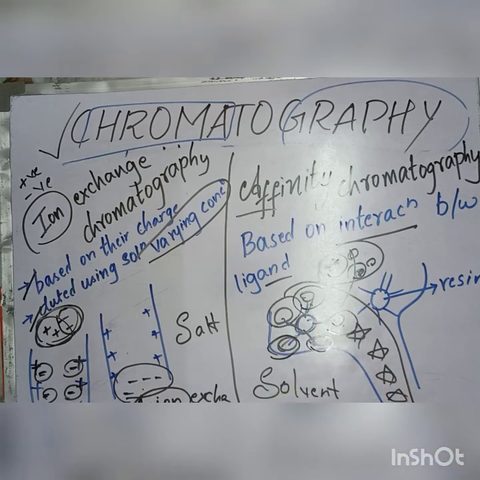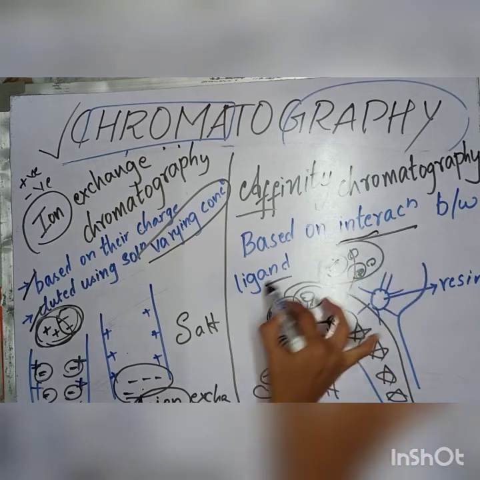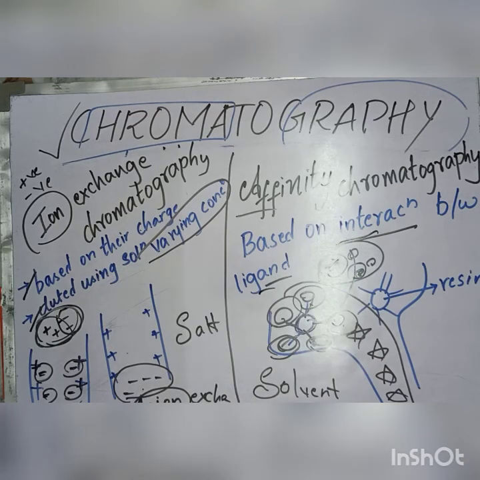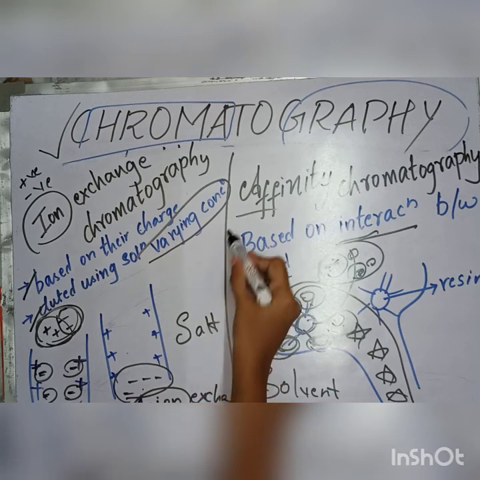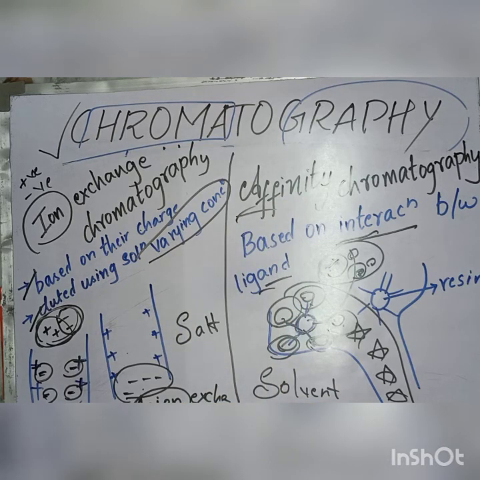So here we have separated the components based on the interaction with the ligand. You use this process for the separation of antigen-antibody interactions. For that we use affinity chromatography, right?